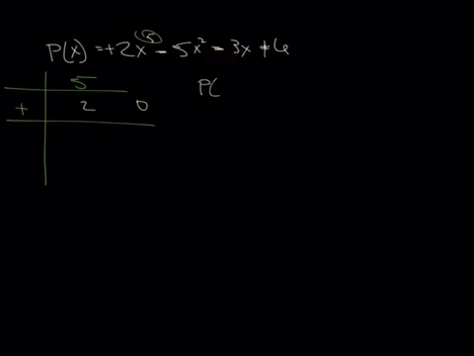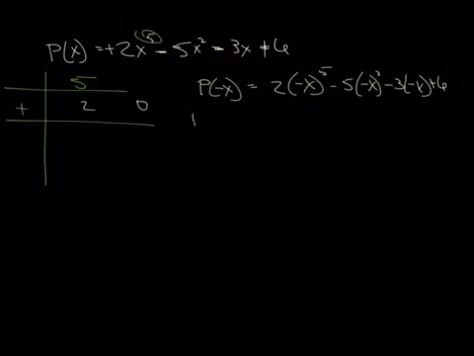Negatives. Let's go ahead and rewrite this so that we can see what our variation is going to look like. That's negative 2x to the fifth minus 5x squared plus 3x plus 6.